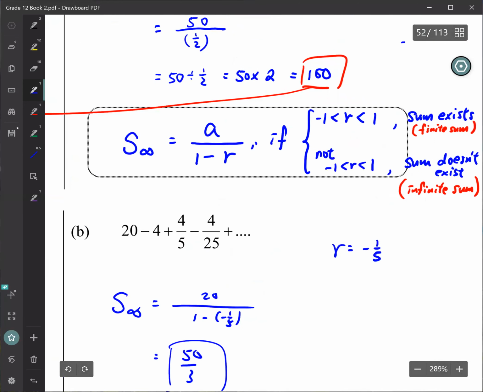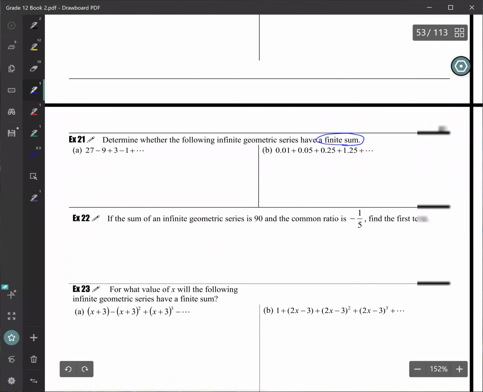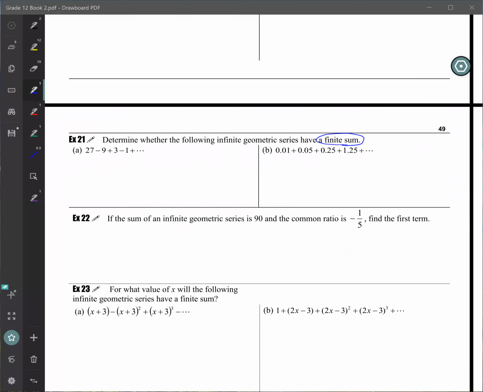If you want a finite sum, you need to make sure the ratio is in between -1 and 1. Please check these two, and you can just say finite sum or sum doesn't exist. When you finish A and B, you can raise your hand.